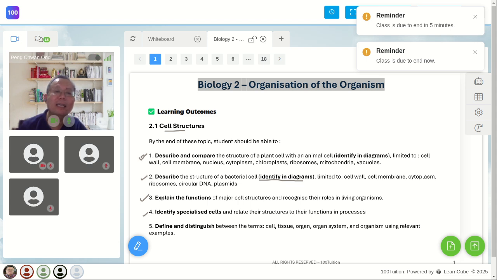Next, we know how to describe the structure of a bacterial cell and identify it in a diagram. One thing that is unique in the bacterial cell is that it has circular DNA and plasmids. Plasmids are smaller DNA loops, or smaller rings of DNA.